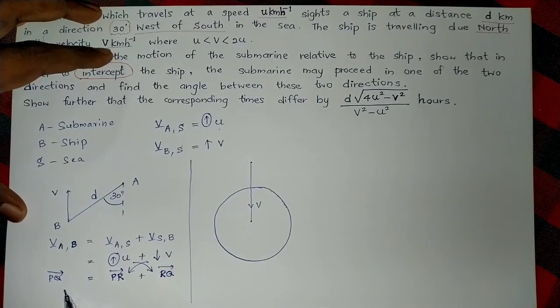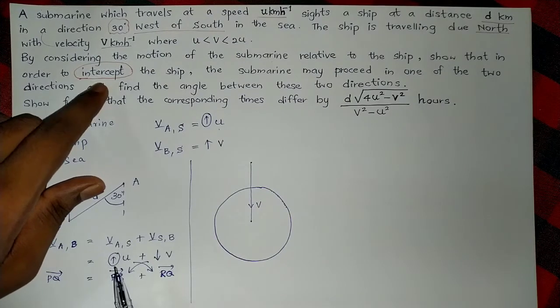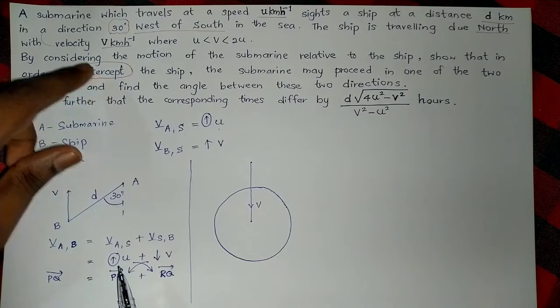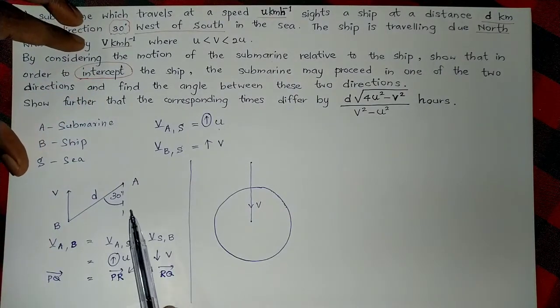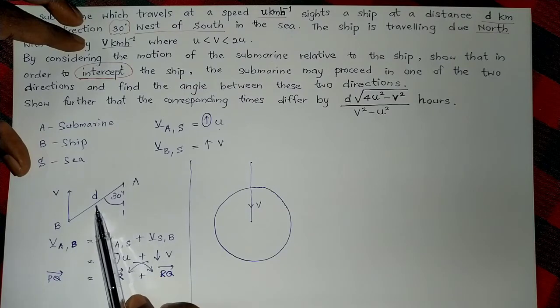The direction of the resultant is along this path because the submarine is going to intercept with the ship. If the submarine is going to intercept, A must travel along this path.